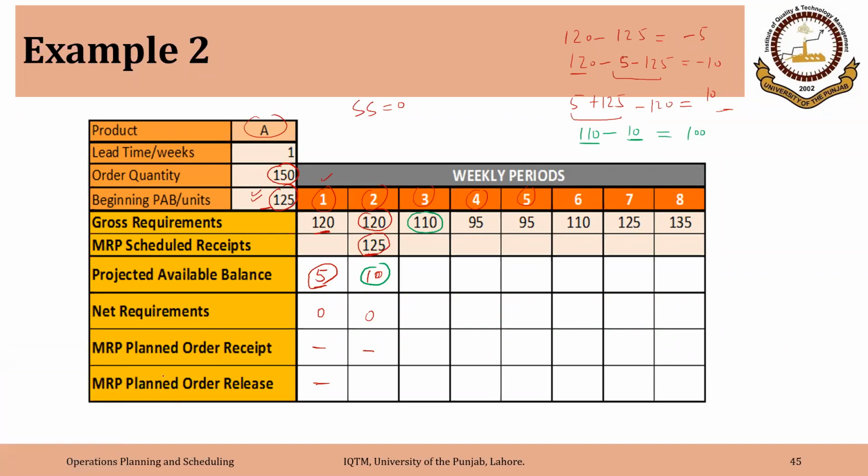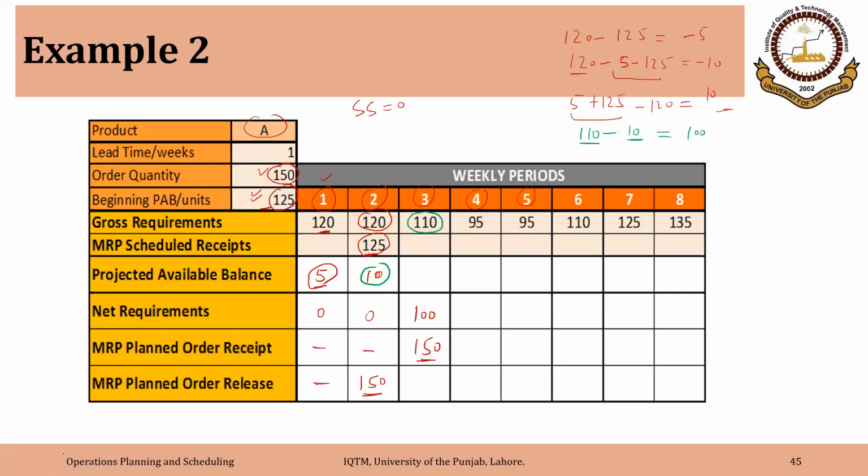So here we need some inventory to be available. Now we have a lot size policy of 150. So we need to have 150 items received in week 3. Now the lead time is 1 week. So the order of this 150 should be placed at least 1 week earlier. So that order is placed in week 2 so that we can receive these items in week 3.